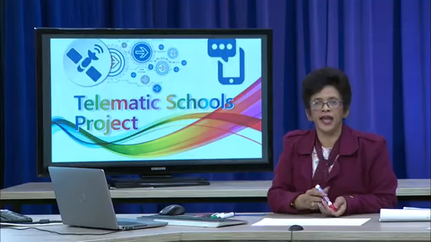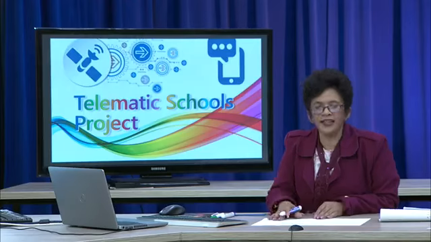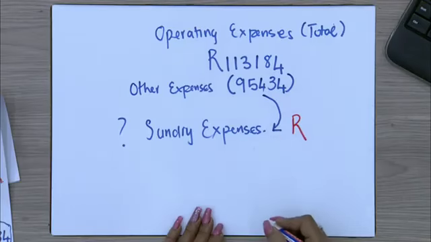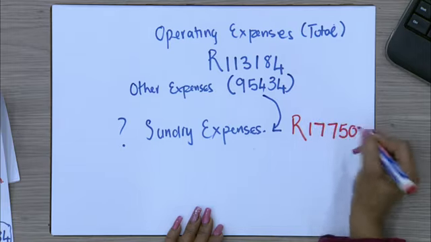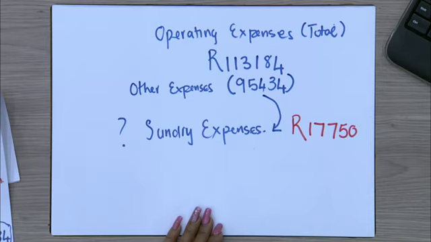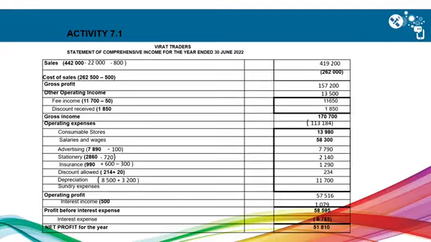Grade 10s, if you do that deduction, your sundry expenses should come to an amount of 17,750 rand. I hope at this point in time you have managed to come to those figures. Let's recap. From my 13,980 up until my 11,700, if I add all of them, I come to a figure of 95,434.